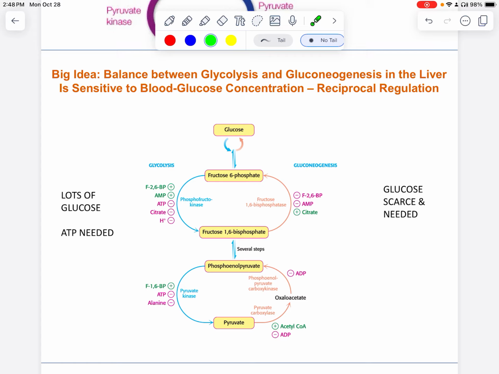As we look at this, the liver is trying to balance between glycolysis and gluconeogenesis to keep blood glucose concentration constant. Okay, we already looked at this top step, glucose 6-phosphate to glucose. And so now what we're going to look at is the allosteric regulators of these other regulatory steps.